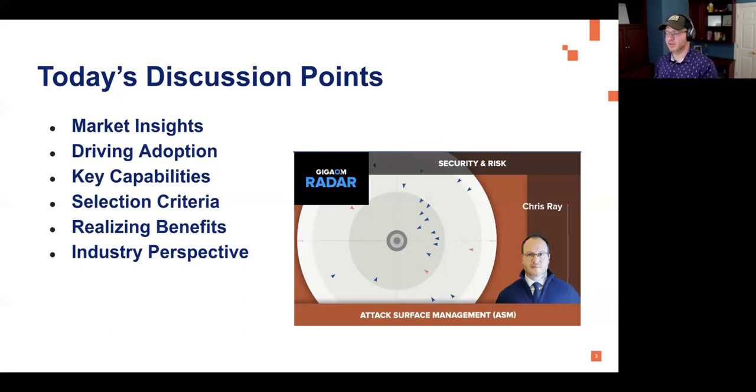But unlike some of the other topics I cover, such as vulnerability management or extended detection and response, which have 7, 8, 9 key features, attack surface management in this report really has 5 key features. We start talking about those later in the report, but it's important to understand that there's a lot of value to be gained here, but at the same time, you don't have to learn a lot of new things to understand it and select a good solution for your organization.